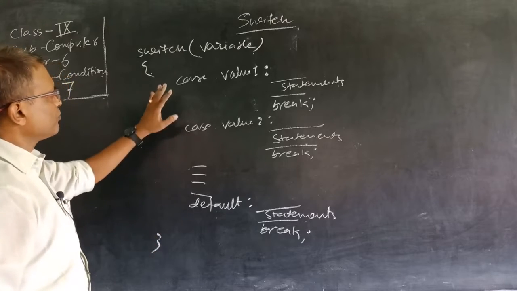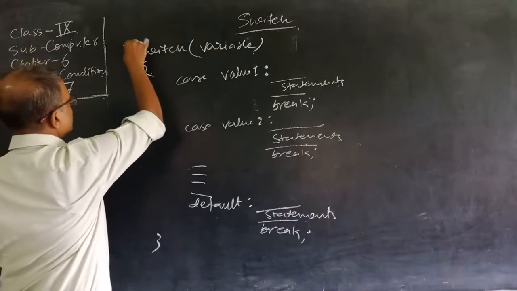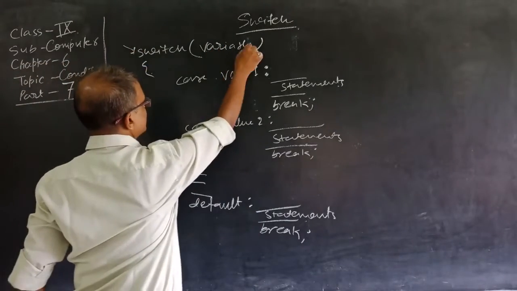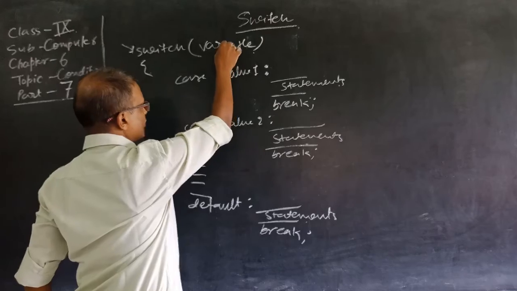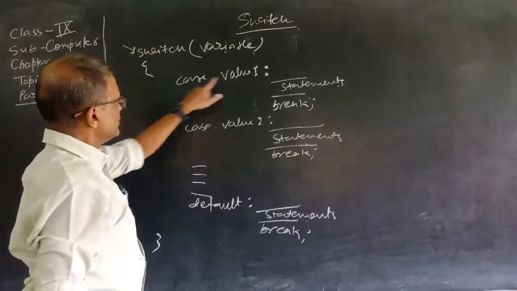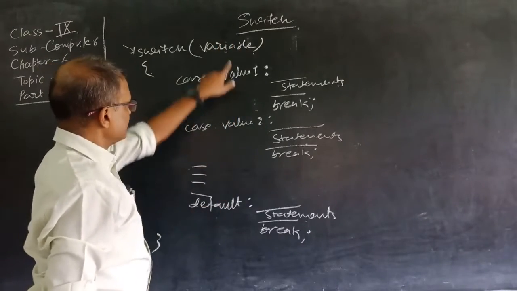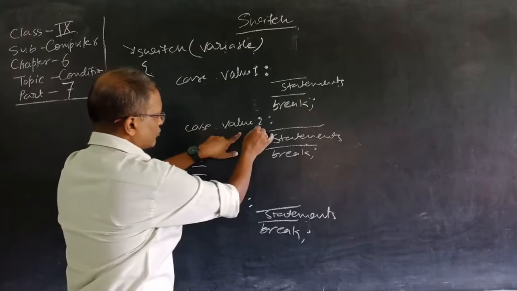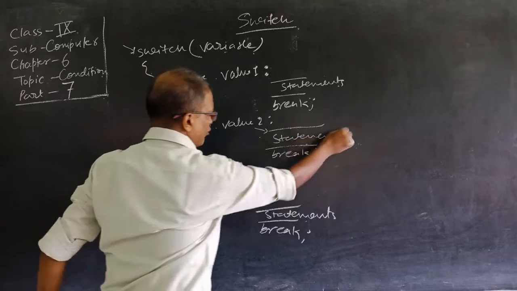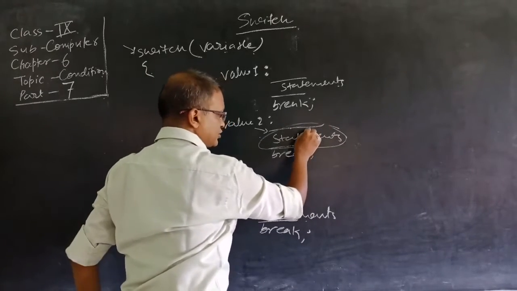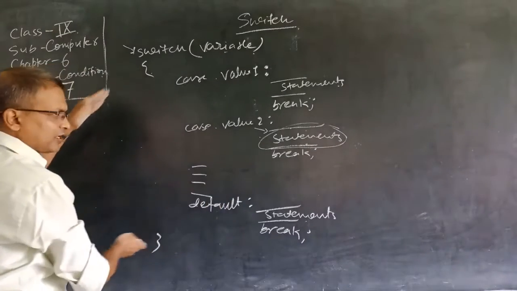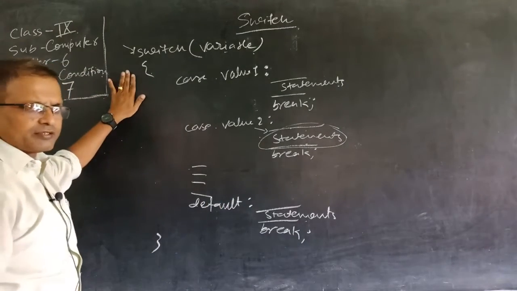Now here is the processing. As the control comes to switch, here is the variable. The value of this variable is matched with different cases. If the value of the variable matches a particular case, the control comes inside that case and all the statements written within will execute, and after that this break will keep the control out of the switch statement.